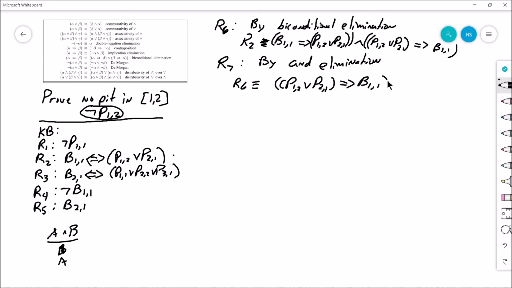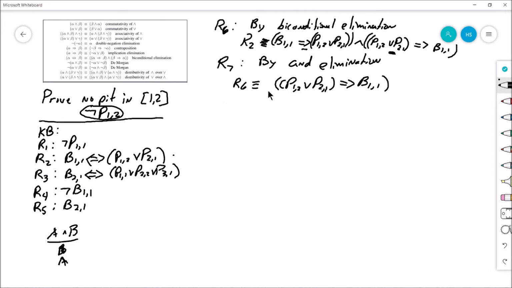I'm doing that and elimination. A and B implies A. So here's my A, here's my B, so that's going to imply either one of these. I'm going to go with this one right here.